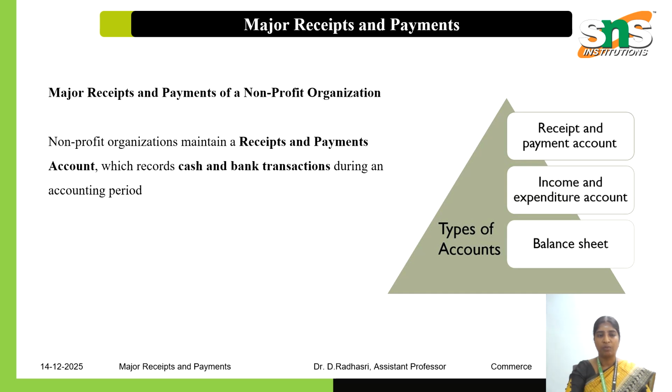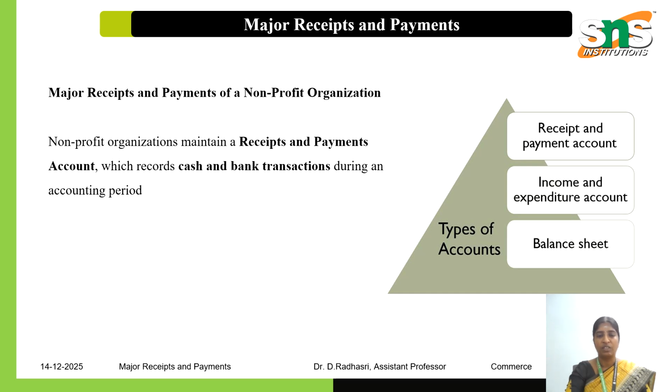In that way, for the receipts and payments, we are seeing about recording the cash and bank transactions during the accounting period. In the receipts, we have received funds from normal persons or the public. In the payment account, we have seen about the payments.